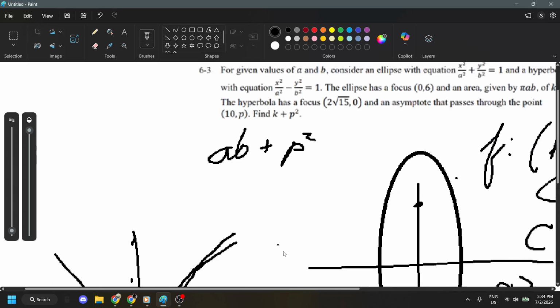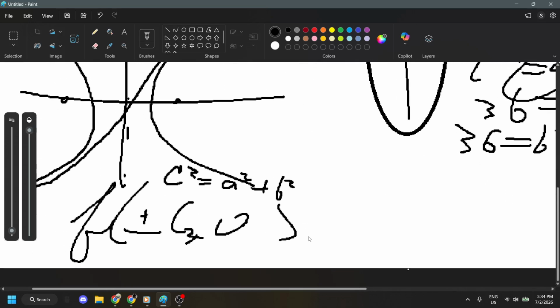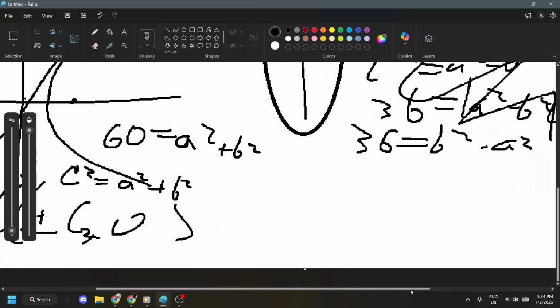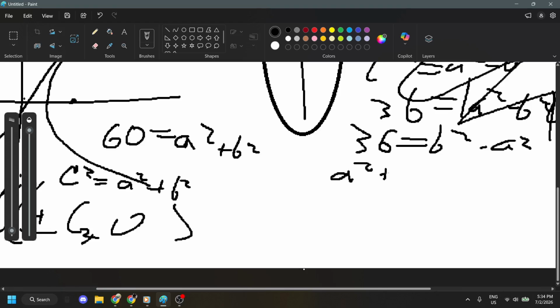So 2 root 15 squared is 4 times 15, which is 60, equal to a squared plus b squared. Hey, maybe I could use this: a squared plus 36 is equal to b squared.